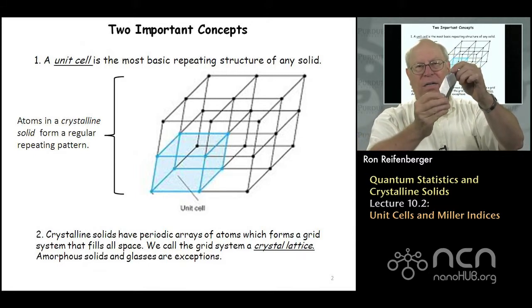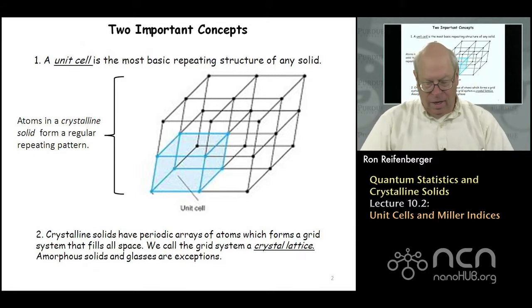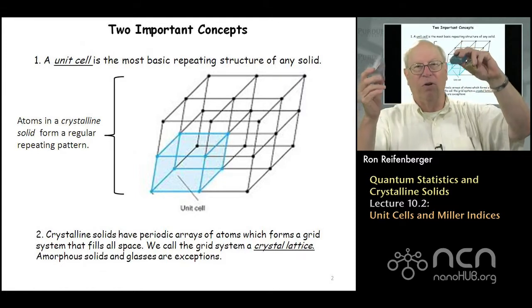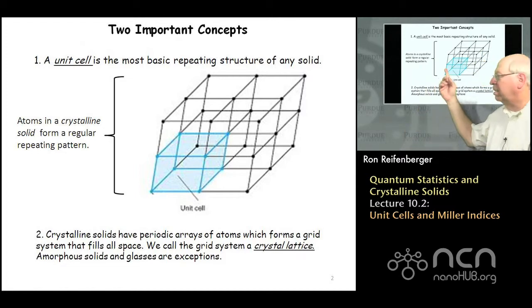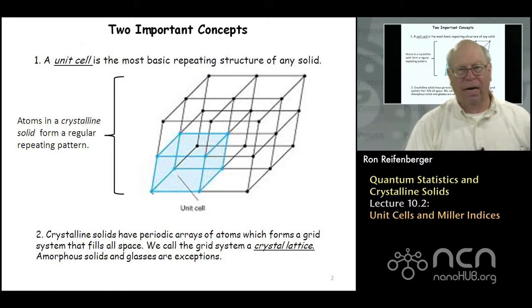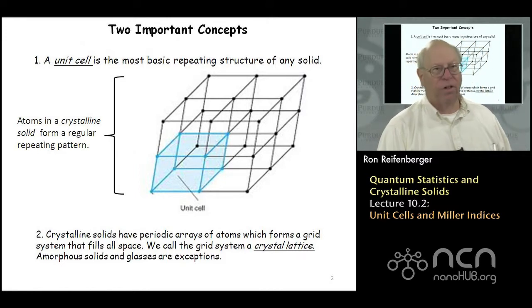They're different shapes. Whichever unit cell you have, whatever shape it has, it comprises the fundamental building block to construct these crystalline solids. So the concept of a unit cell is an important idea that you have to have clear in your mind.